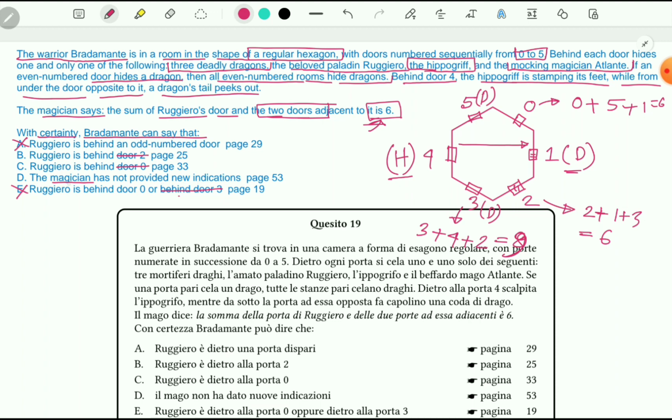That means the magician didn't give us any further information to select which door Ruggiero is hiding behind. So this is our correct answer. To get the exact location of Ruggiero, we need more information.